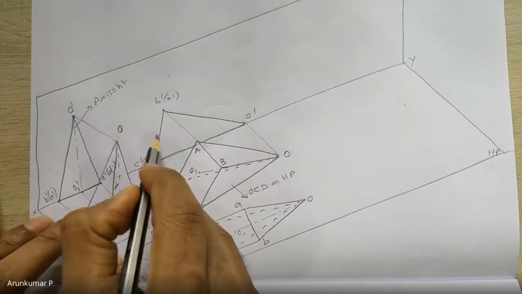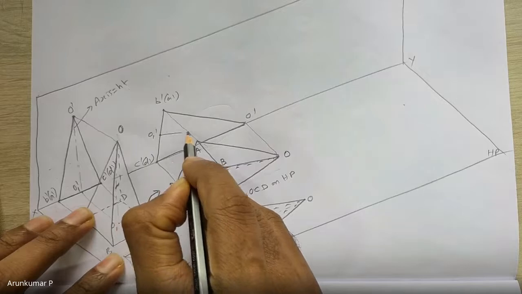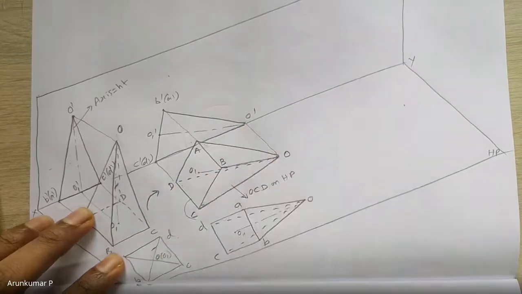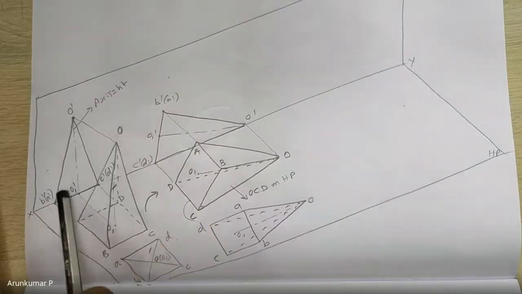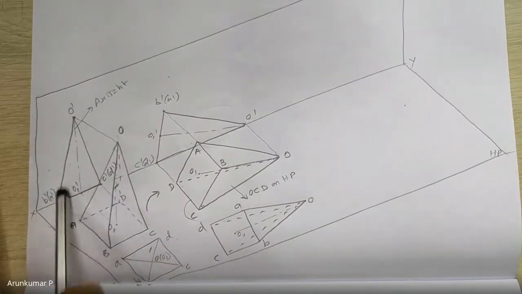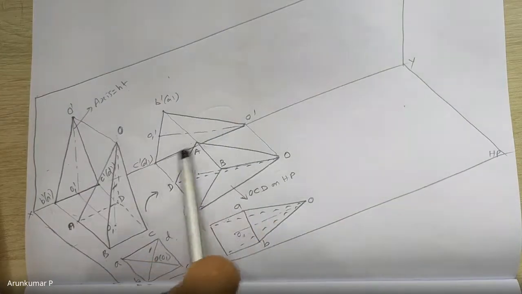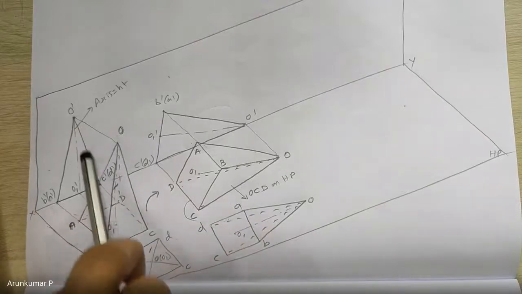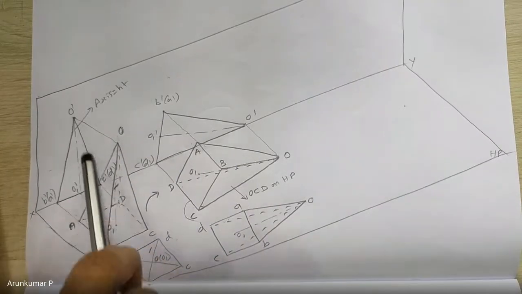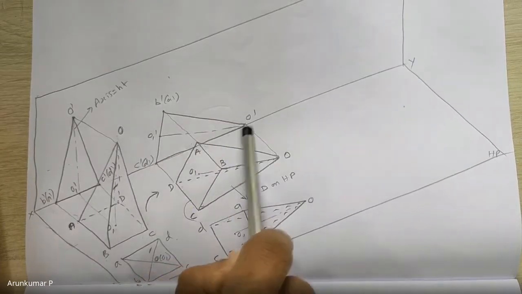And of course, this is O1, O1 dash, this is the axis. So front view is as good as the first step front view, which is inclined in such a way that O dash, C dash, D dash, this line here, is on the XY line.